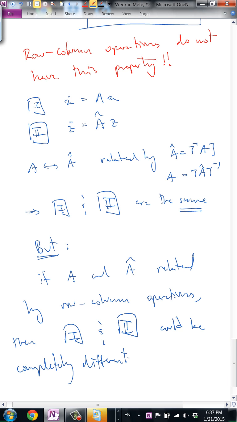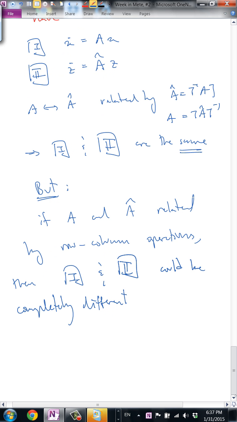For example, one of them could be stable and the other could be unstable. Okay, so that's very important to remember.